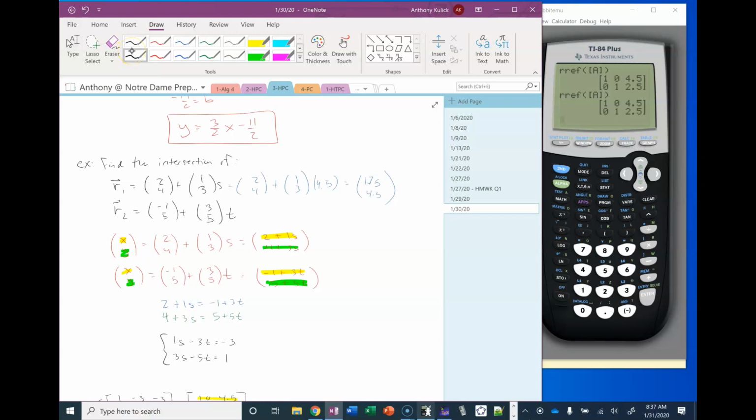Okay. So these topics shouldn't be too bad, right? Very familiar. We're just doing things that we've done before in our algebra course, but using the language of vectors to do so.